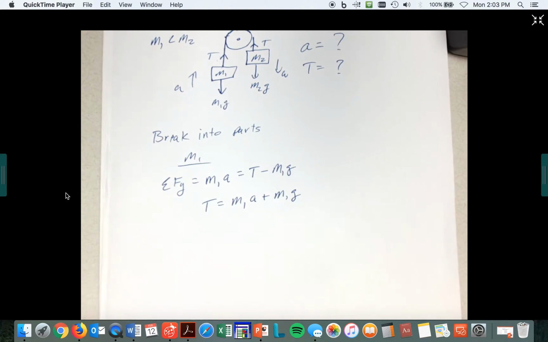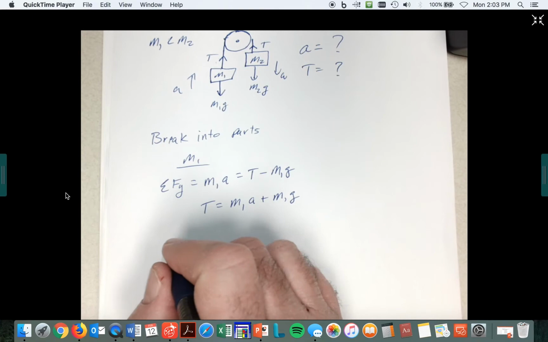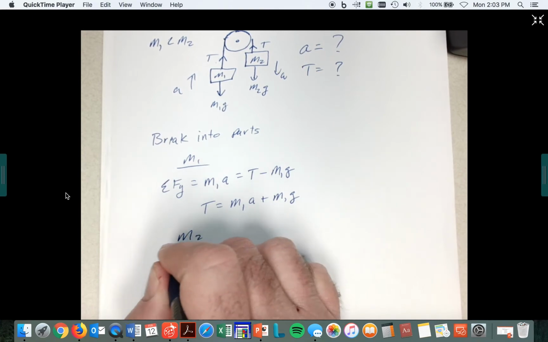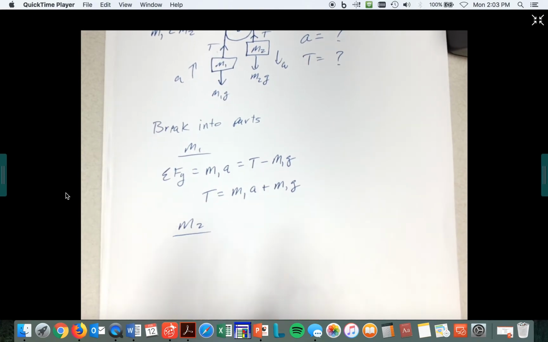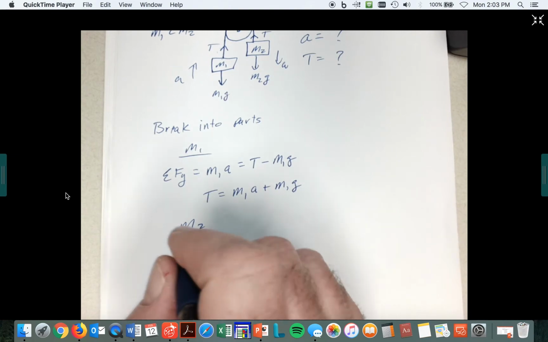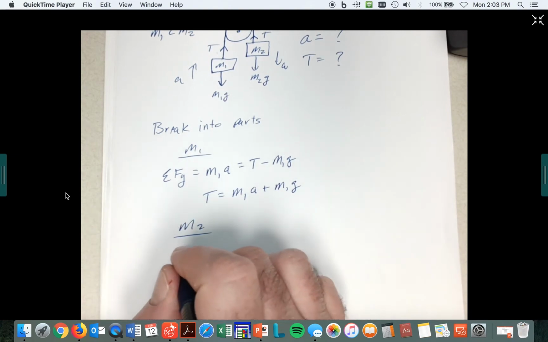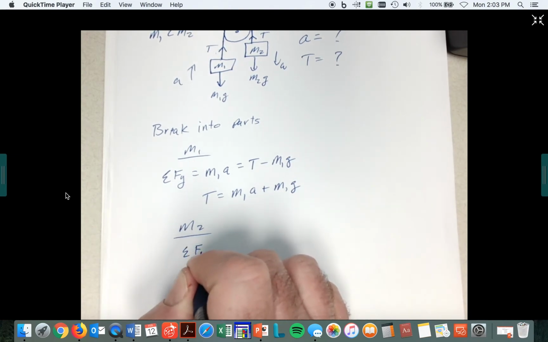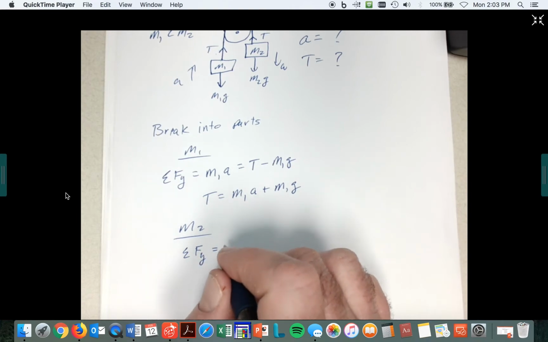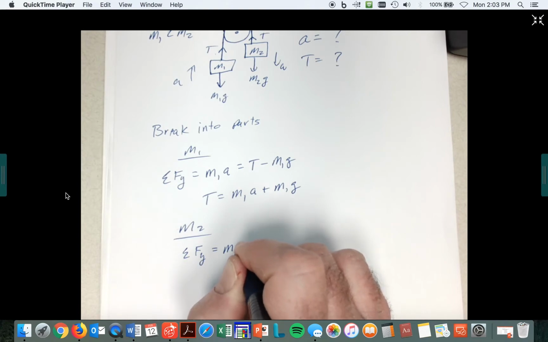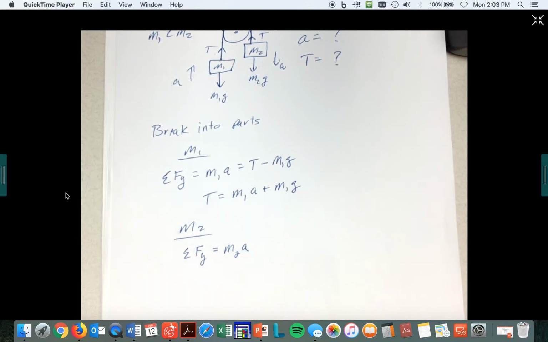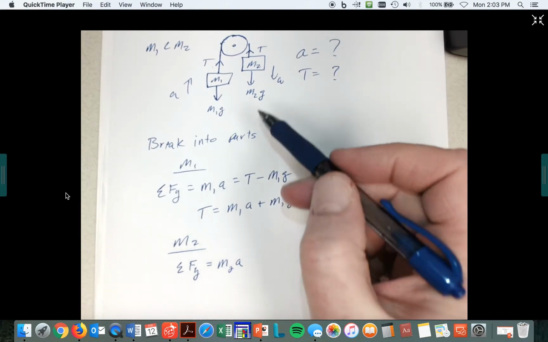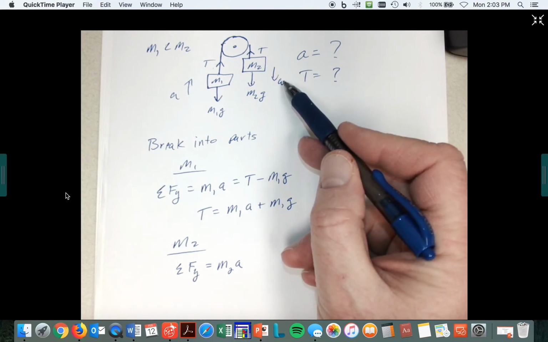Now I'm going to look at mass 2. Sorry about that arrow being there. The sum of the forces in the y direction is equal to m2a, but that's wrong. What's wrong with this picture? Look at the acceleration. Which way is it going?